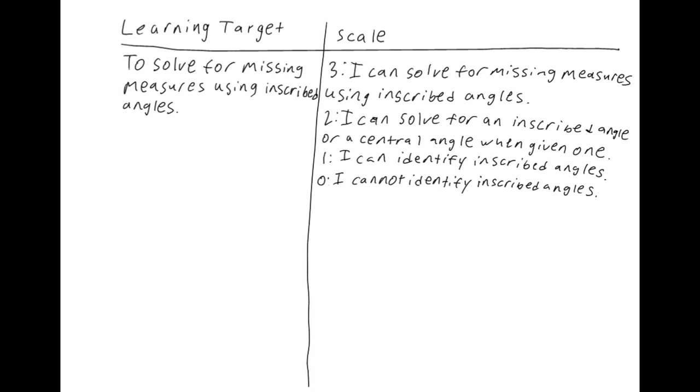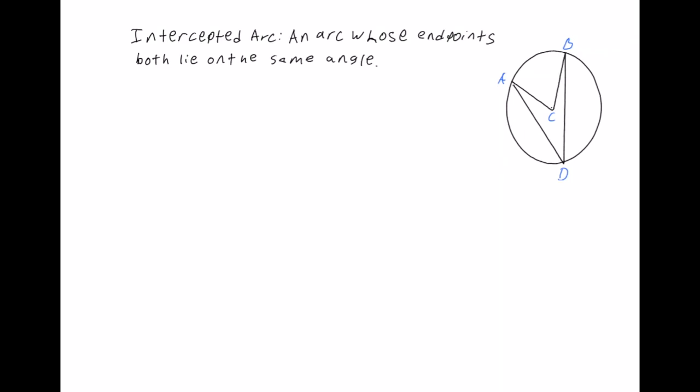Let's get started. First, one more quick vocab: an intercepted arc is an arc whose endpoints both lie on the same angle. So, if you look at arc AB here, it is intercepted by angle ACB.